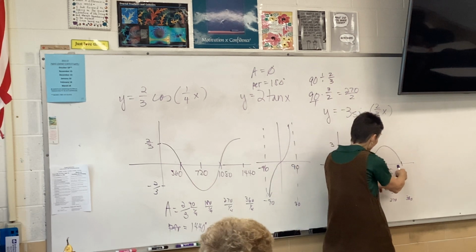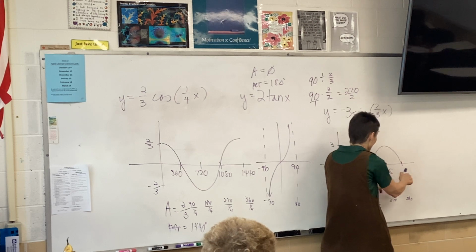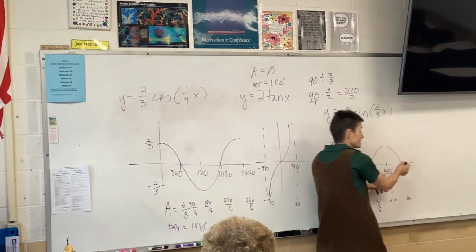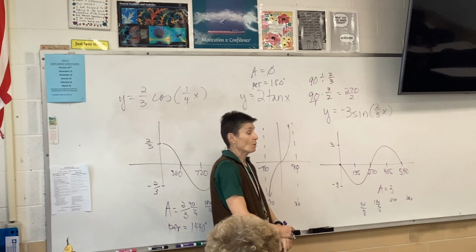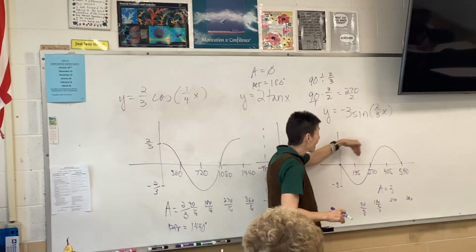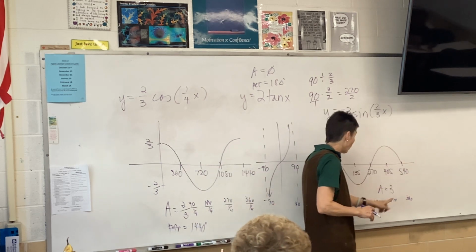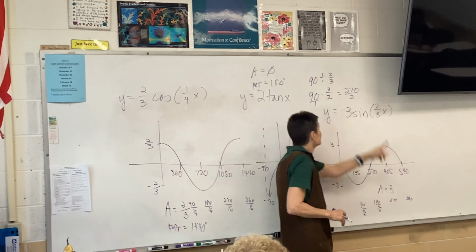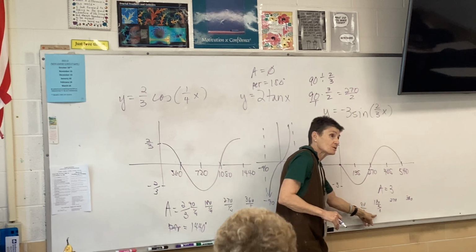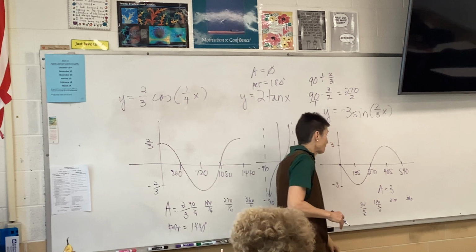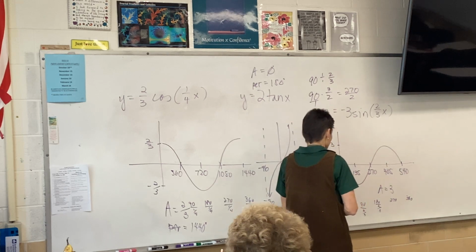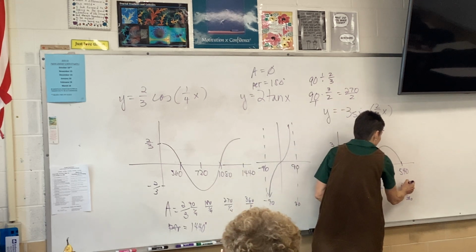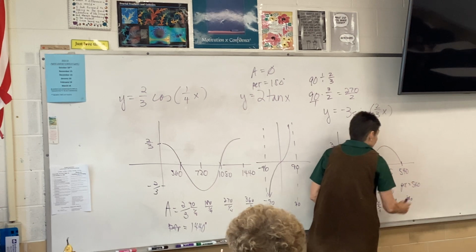And then this one is going to be 405, and then 540, because each is another 135. So if it's easier for you to just add, you can do that. Or if you want to do all this arithmetic, you can do that too. So your amplitude's 3, and your period's 540.